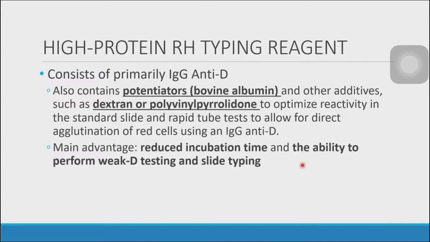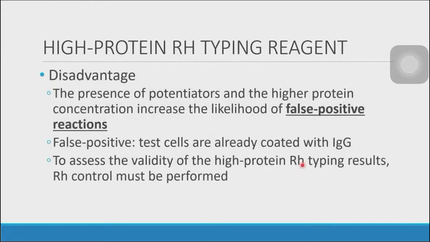So what are the disadvantages of this high protein reagent? Since it has a lot of protein and potentiator, it may also increase the likelihood of false positive reactions. Aside from that, it may also show a positive reaction in patient cells that are already coated with an antibody, such as in patients with warm autoantibodies coating their cells.